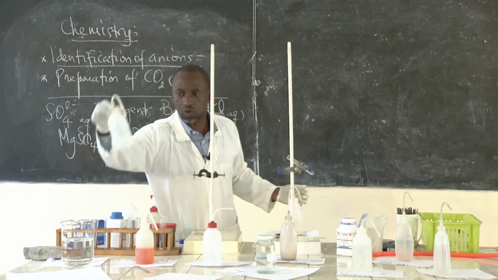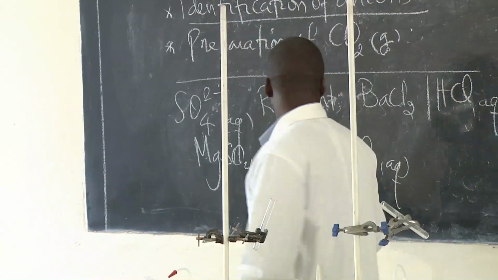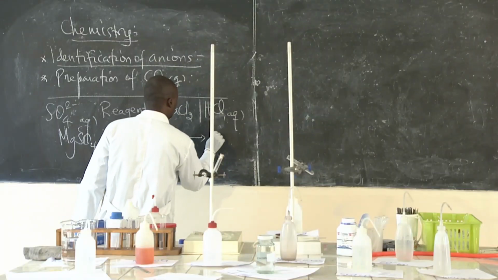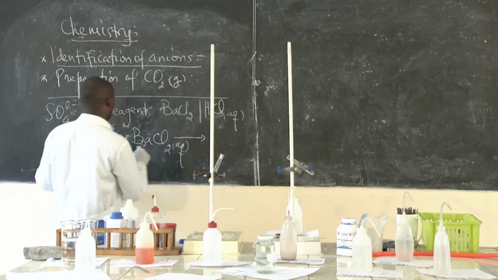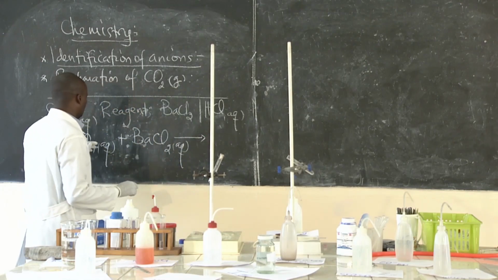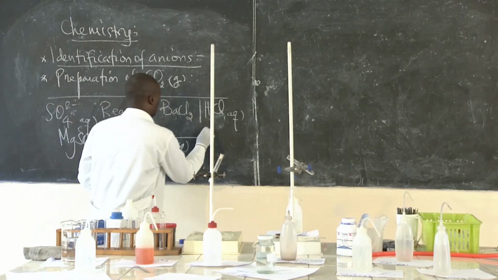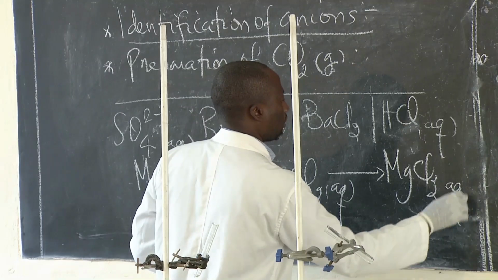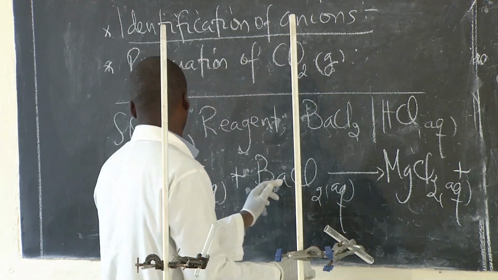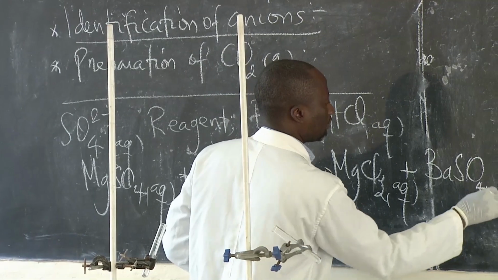Barium chloride is also colorless, if you look at it properly. So those are colorless solutions. So you are forming magnesium chloride, aqueous, plus barium sulfate.